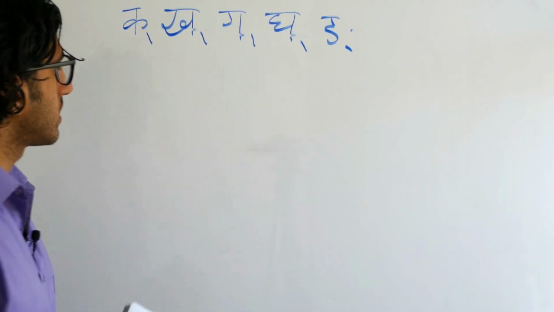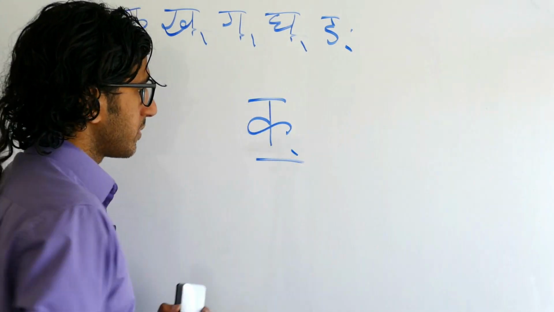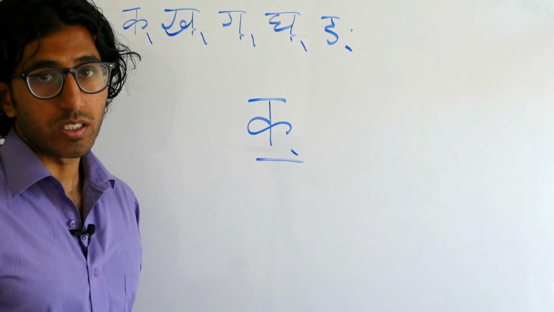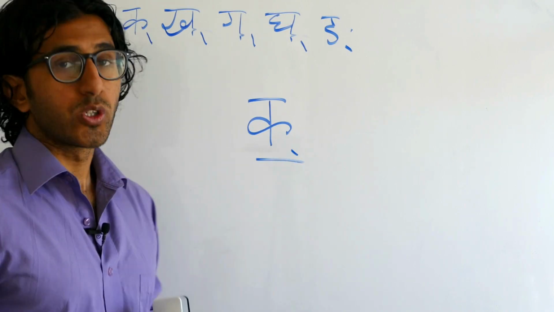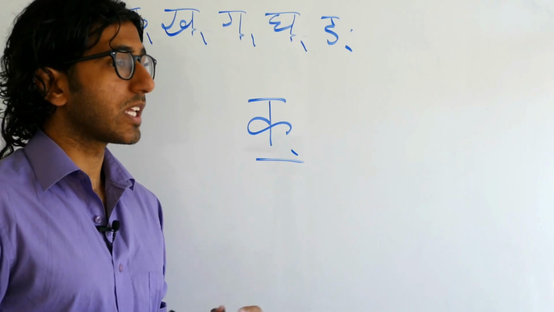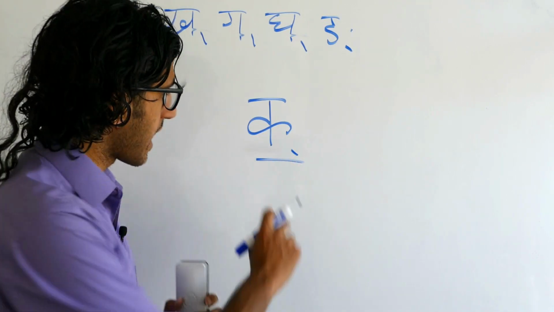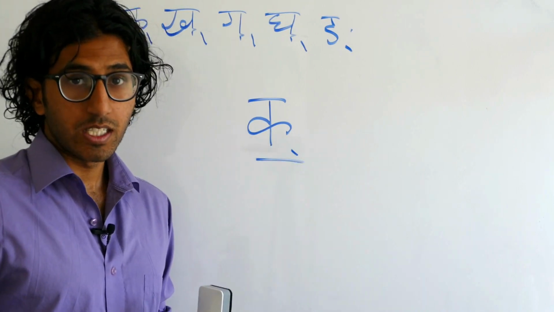Now remember, this is very important before I go into this. A consonant written like this, with the line underneath, is called a virama. This is called a pure consonant, which means that there's no vowel attached to it. Remember I said it was like a monk consonant that's carrying a staff. The virama is the staff, and it's detached.